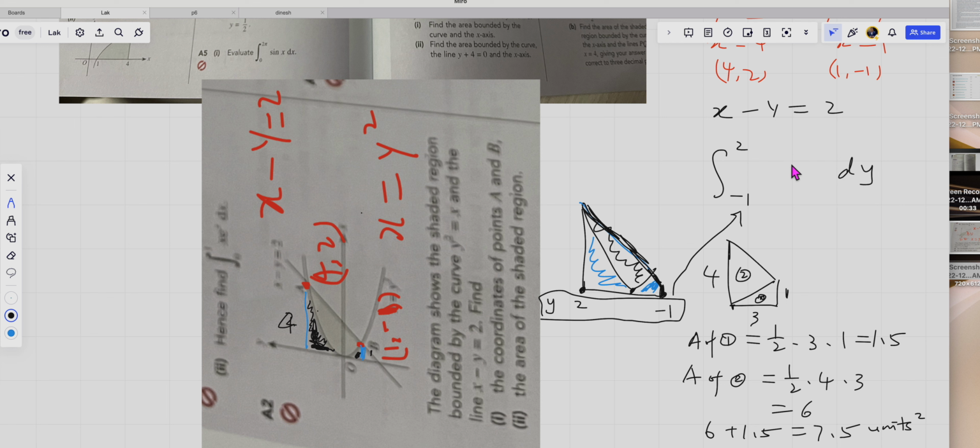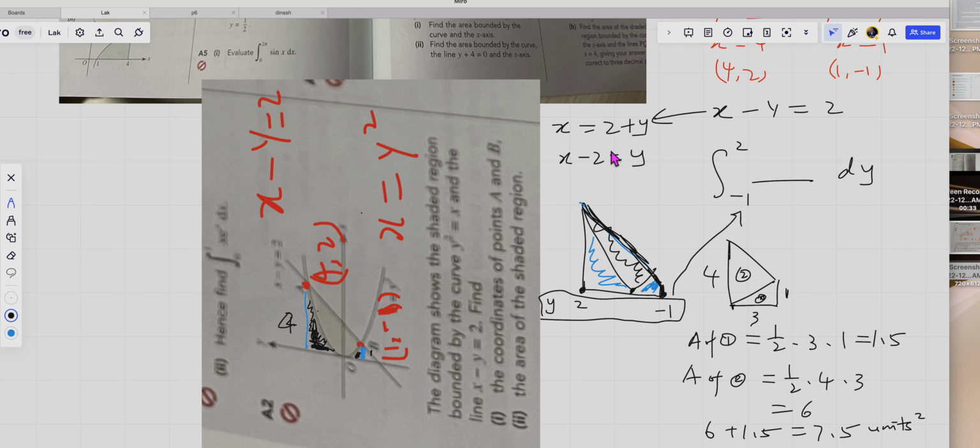So if it's dy, I need this one to have y inside. So you either can transform it to x equals 2 plus y, or you transform it to x minus 2 equals y. So which one should you put into this? 2 plus y.